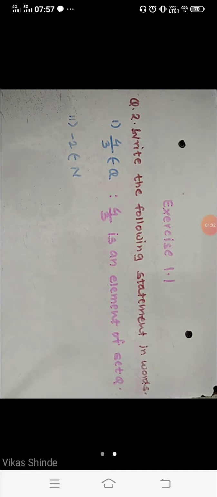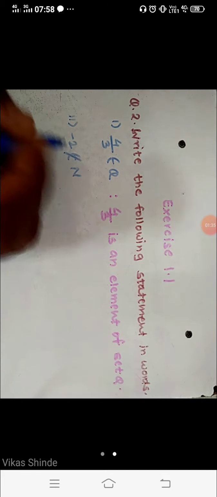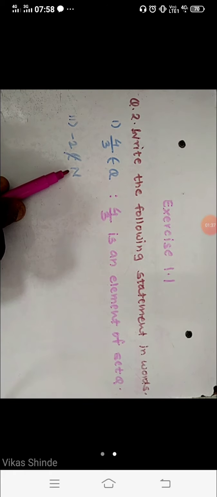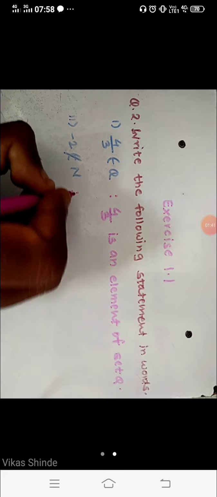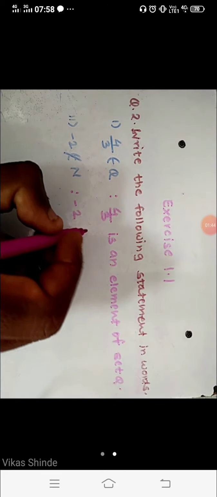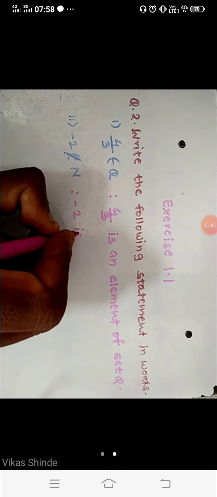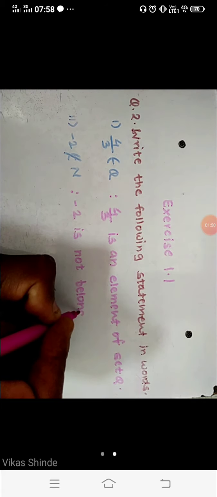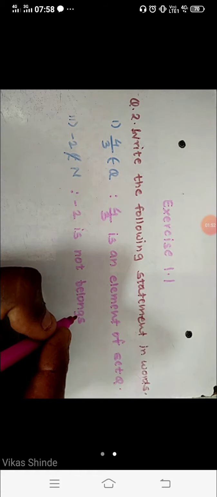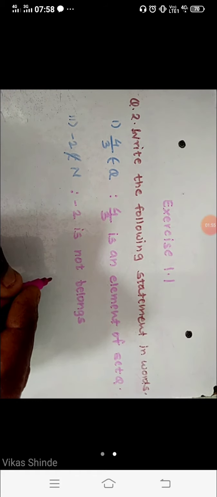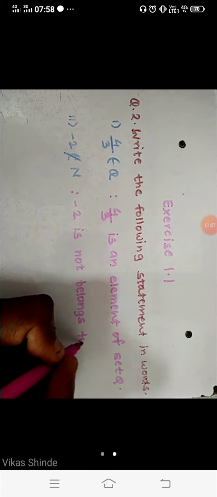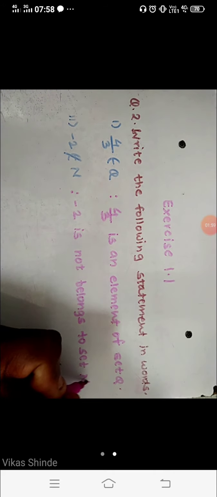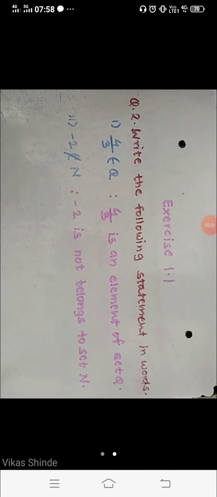-2 here does not belong to the natural numbers, where N indicates natural numbers here. So we have to write in our statement now: -2 does not belong to set N, you can write it like that, or you can write it this way also.